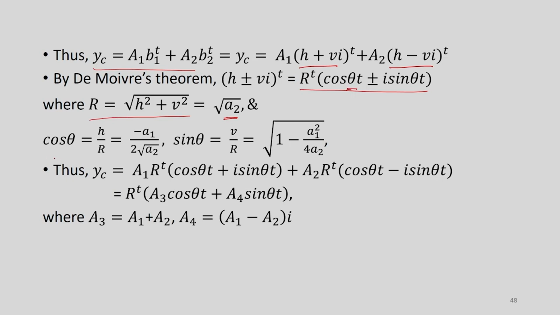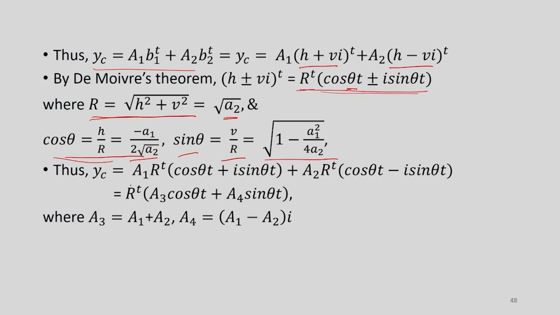Well, theta is given by this relation, that cos theta is equal to h divided by r, and if we use the value of h and r, then it is coming out to be minus a1 divided by 2 root over a2, and similarly sin theta is equal to v divided by r, and that is coming out to be root over 1 minus a1 square divided by 4a2. So, if we solve this, then we can find out theta, and if we solve this, I can find out r. So, then we can put the value of r and theta here.